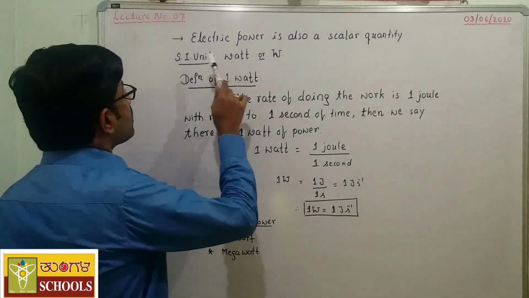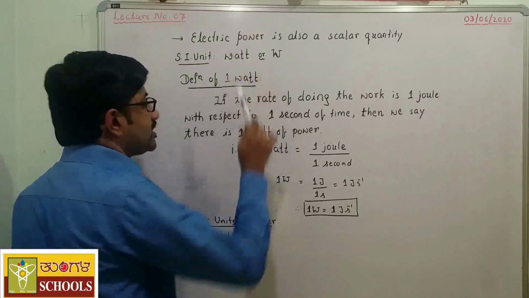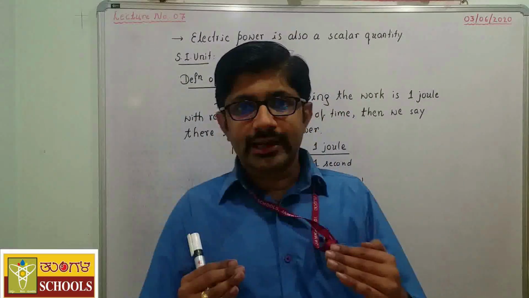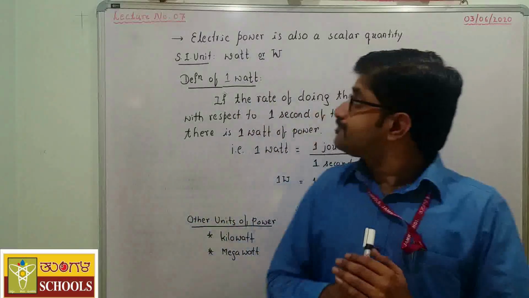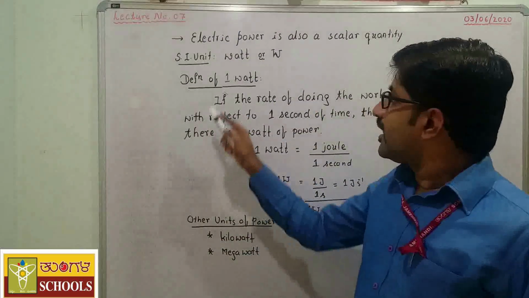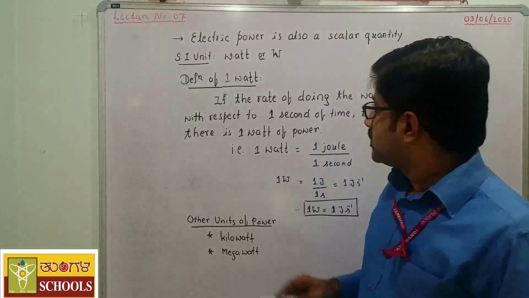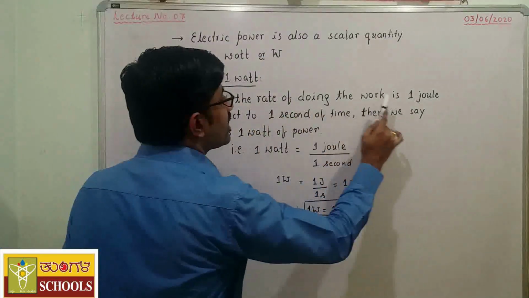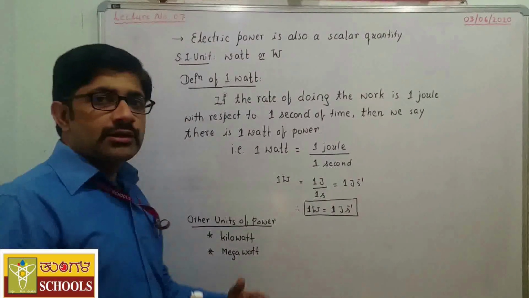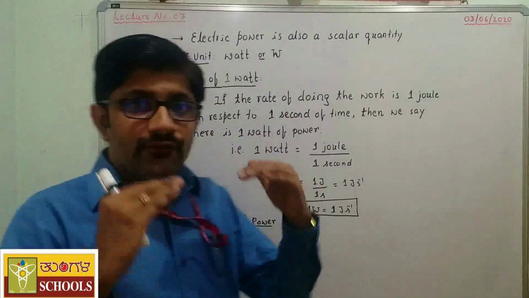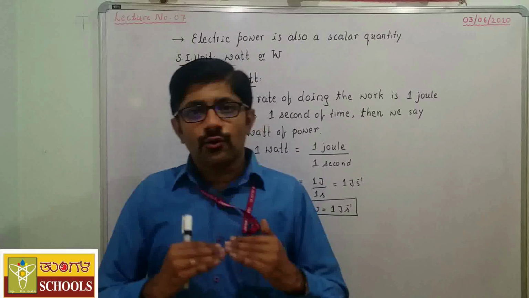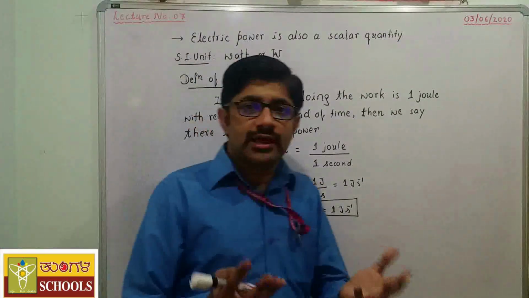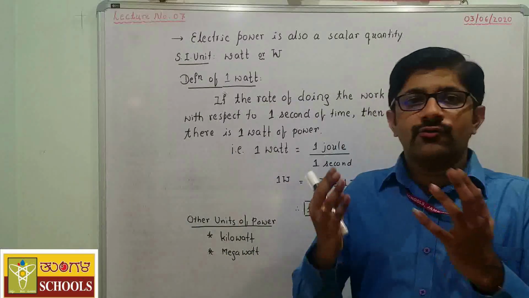SI unit of electric power is watt. Watt is the unit used for electric power. Now let's define 1 watt. If the rate of doing work is 1 joule with respect to 1 second of time, then we say that there is 1 watt of power.